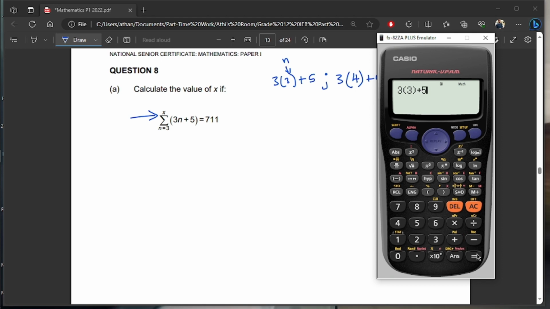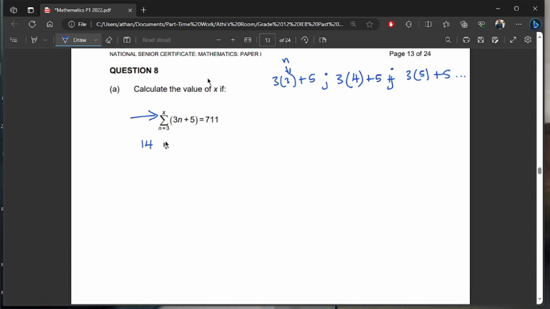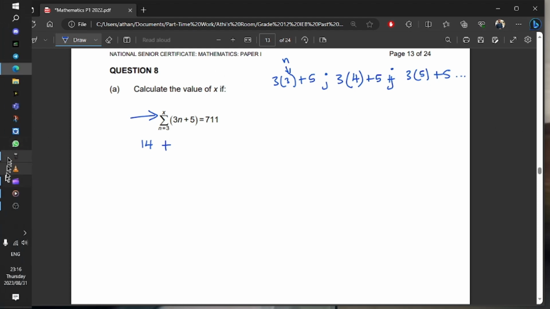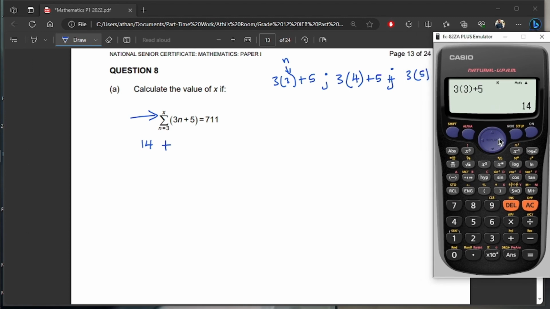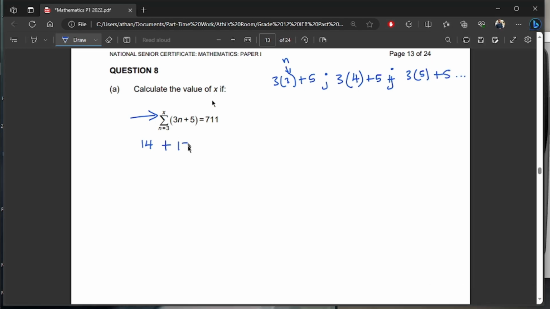I start from 3. I start by substituting 3 since it was given. Then I get 14. This becomes my first number in the series. Plus, let's write the first 4. The next one: we substitute 3 with 4 because 4 follows after 3, and I get 17.